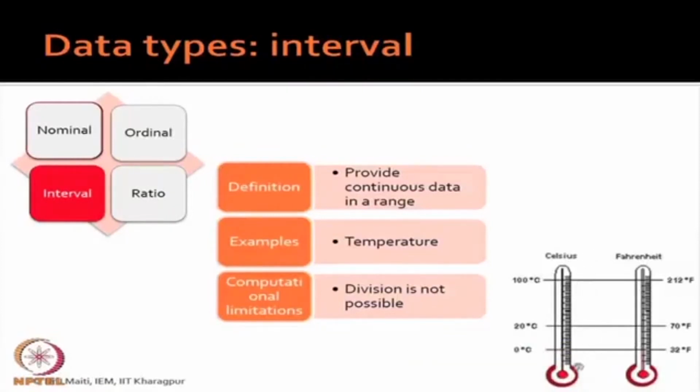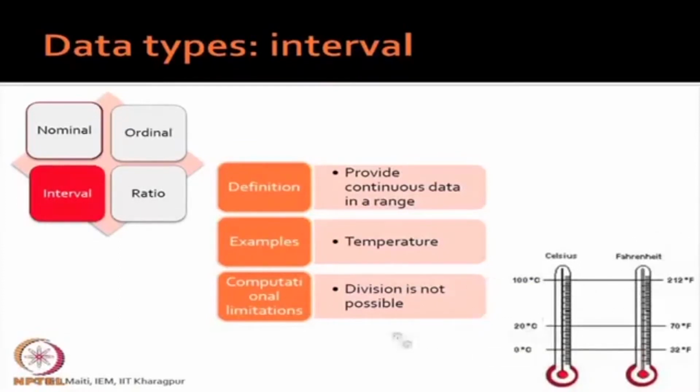If you see the horizontal lines here, 0 degree centigrade, 20 degree centigrade and 100 degree centigrade, the corresponding Fahrenheit values are 32, 70 and 212 Fahrenheit. So, the difference from 100 to 0 degree gives this range, and for 212 to 32 the corresponding range is this. That means whether we measure using Celsius scale or Fahrenheit scale, we will get the equal range.